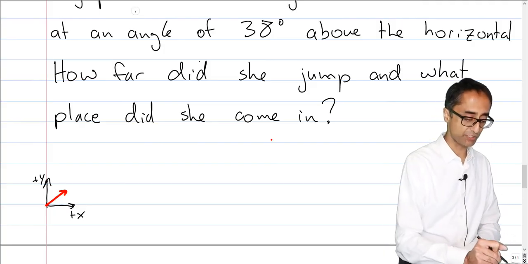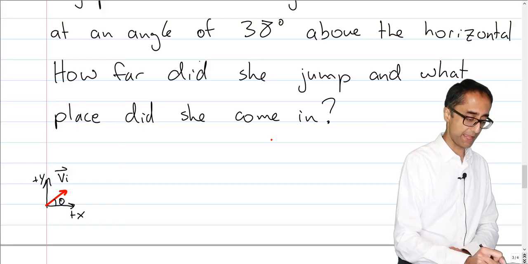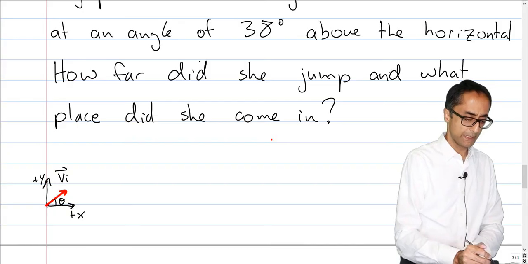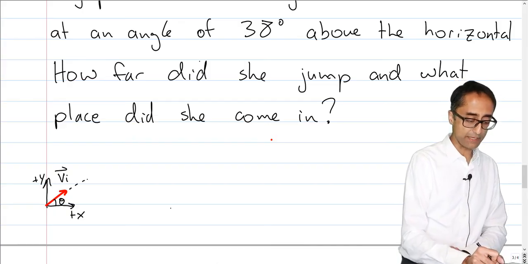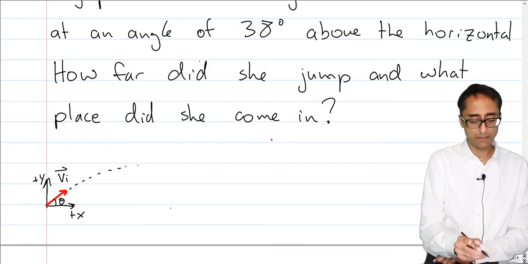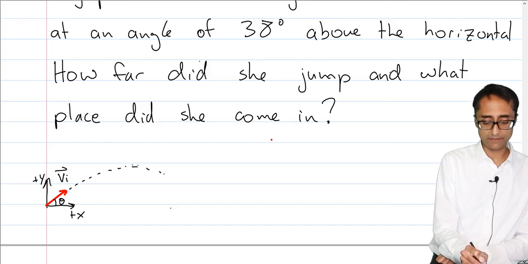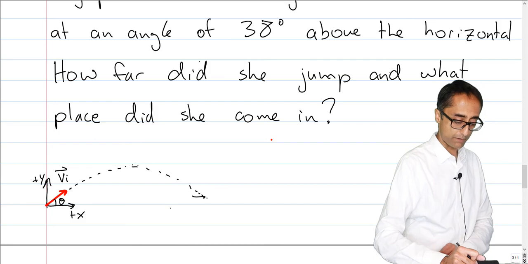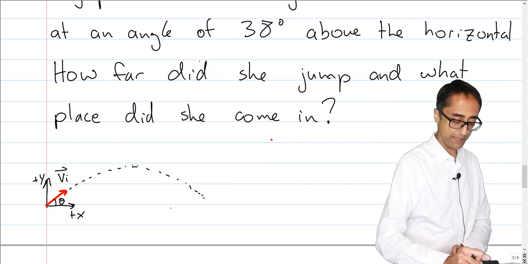That initial velocity we call VI. And there's going to be an angle theta above the horizontal that it launches at. And then you don't have to draw this in-between part, but basically what happens is a projectile. And eventually our object, in this case the jumper, ends up here.